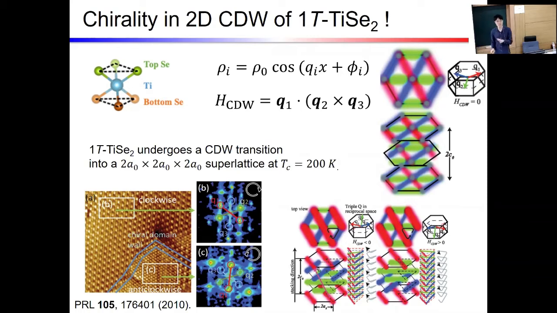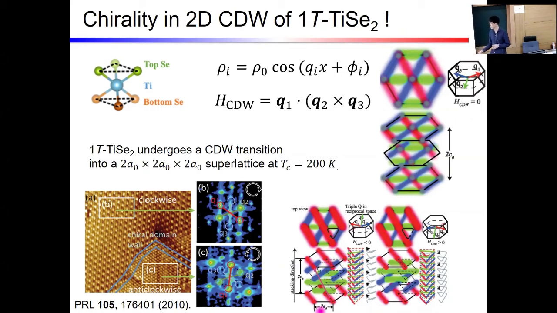To explain this kind of unusual behavior, they proposed one scenario, in which in each layer one of the Q vectors for the CDW is dominant. Then, when you stack these layers, they are rotating, like 120 degrees, as you can see here.